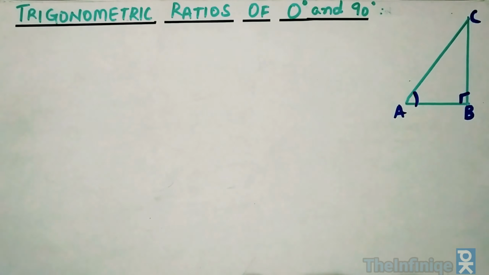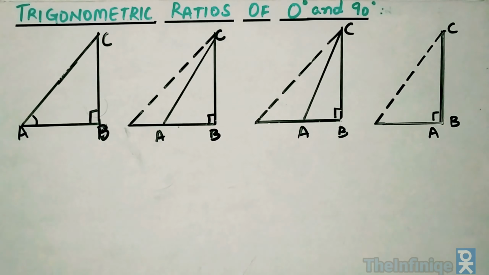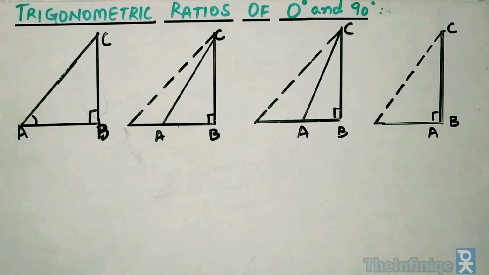Now let us see what happens to the trigonometric ratios of angle A when it is made larger and larger in triangle ABC till it becomes 90 degree. As angle A gets larger and larger, angle C gets smaller and smaller as shown in these figures.